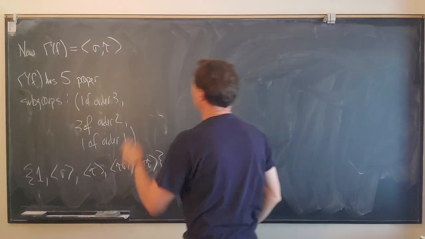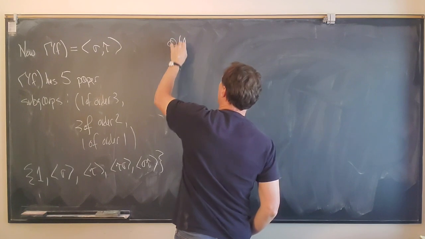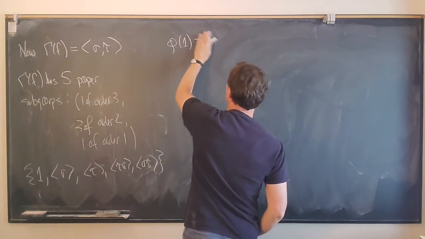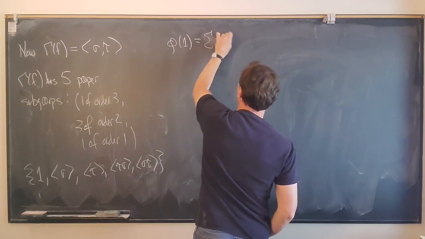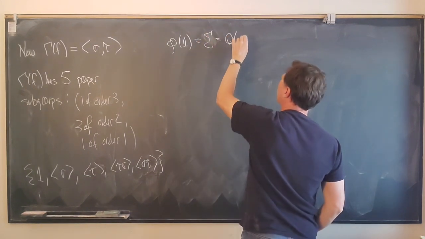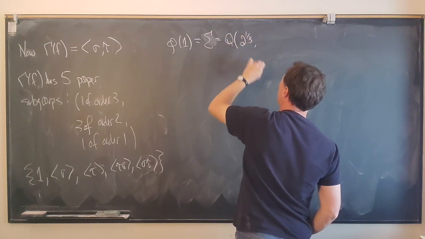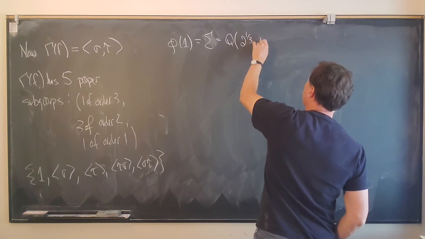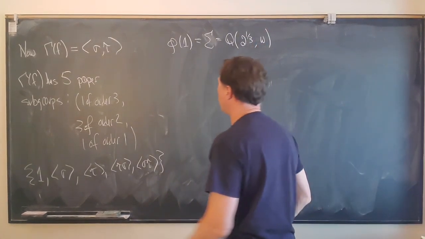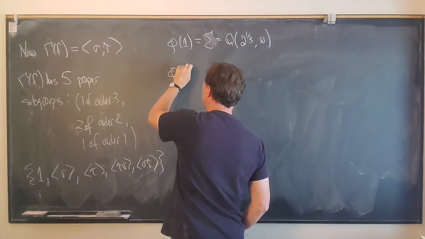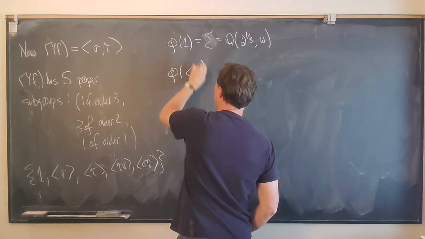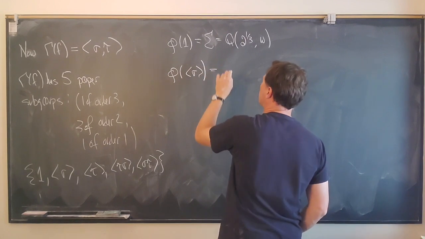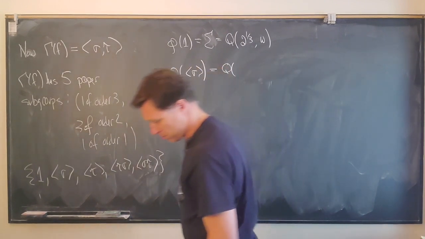Obviously, the fixed field of the identity fixes everybody, so this is going to be Q adjoin 2 to the 1/3 and omega. The fixed field: we've seen how to compute these already. If you want to compute the fixed field of sigma, it turns out to be Q adjoin omega.